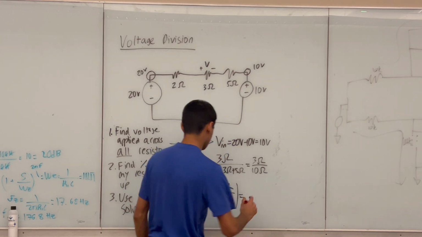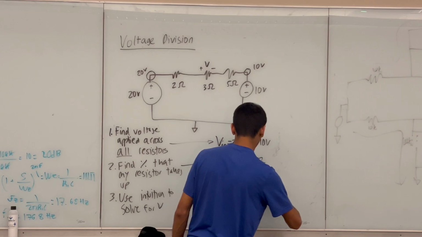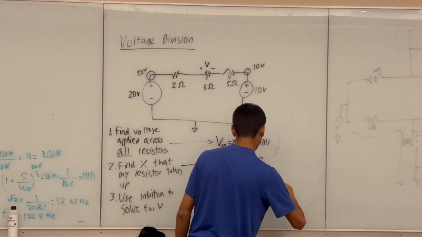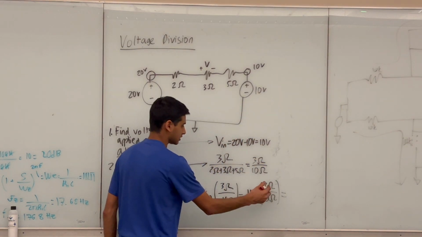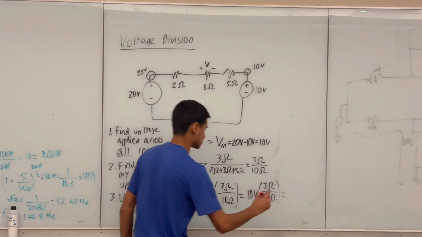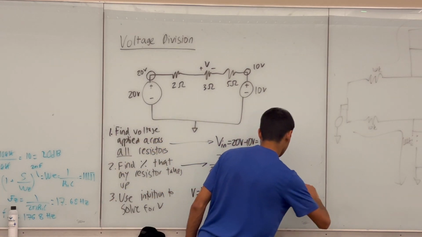So I get 10 volts times 3 ohms divided by 10 ohms, and since the ohms cancel out, V is just 3 volts.